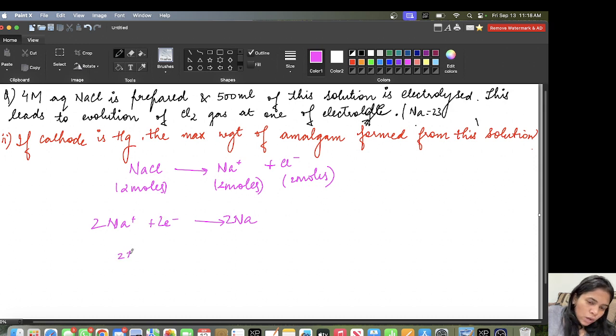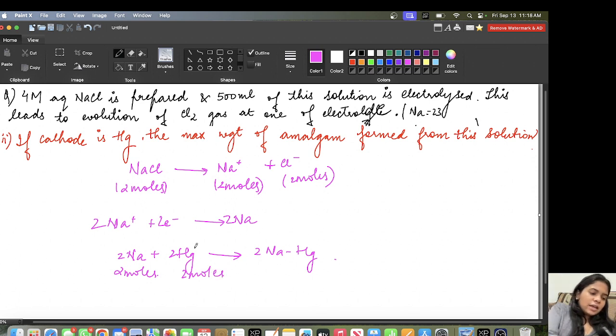Now your 2 Na will combine with 2 Hg to give you 2 NaHg. The weight of Hg, I think, was 200, so 2 moles means 400, plus 23 into 2, which is 46. So the total will be 446 grams, right?